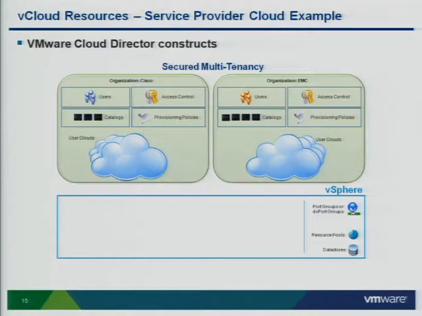So in this particular case, we've got two separate sets of users. We have access control mechanisms. They may vary, and we'll talk a little bit about that, between how Cisco might handle something versus EMC or whatever the vendor is or whatever that customer is. We'll have provisioning policies, and we'll also have catalogs of service items.